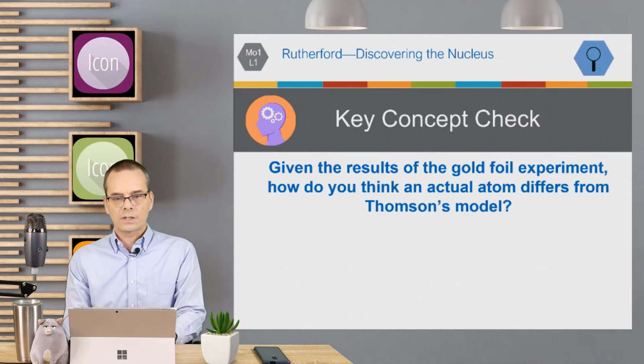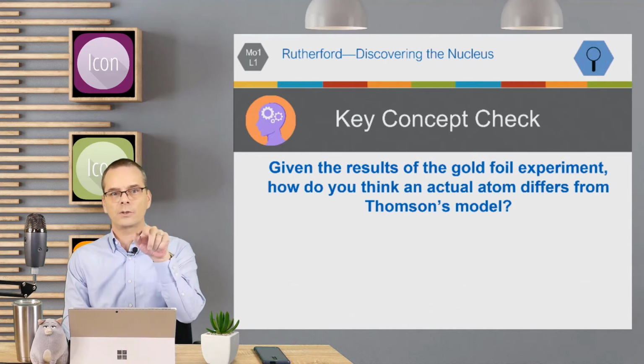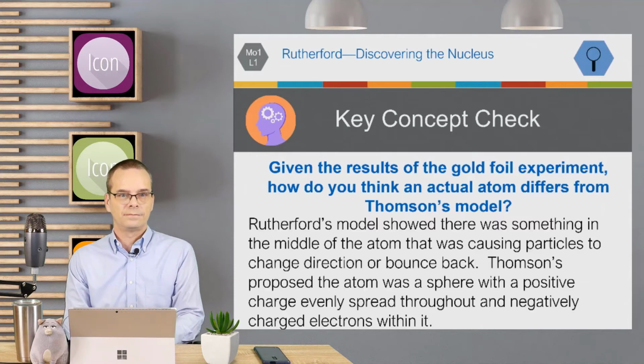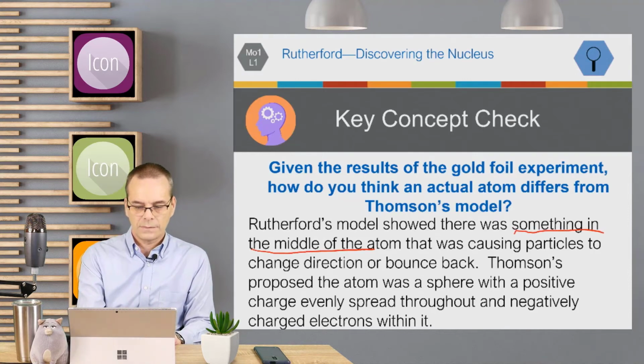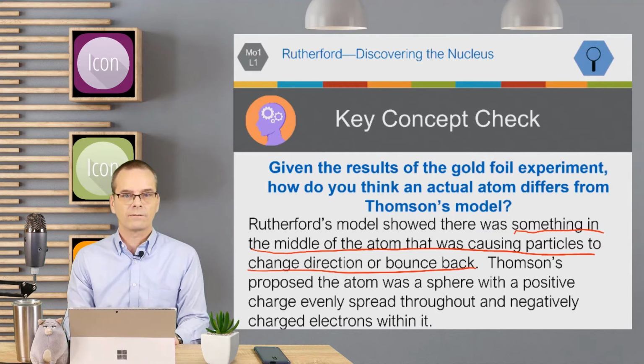Now, given the results of the gold foil experiment, how do you think an actual atom differs from Thompson's model? Remember, Thompson's is the plum pudding, with the positively charged pudding that the electrons sit in. Well, we realize that Rutherford's experiment showed that there was something in the middle of the atom that was causing the particles to change direction or bounce back.